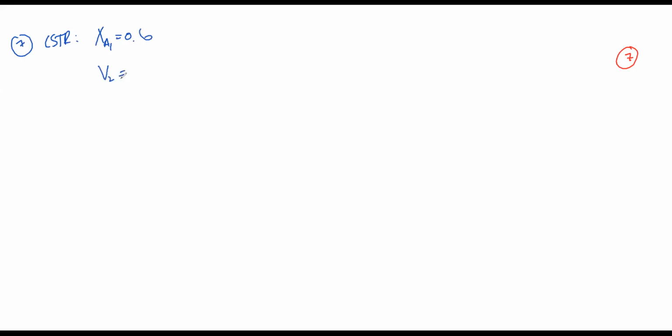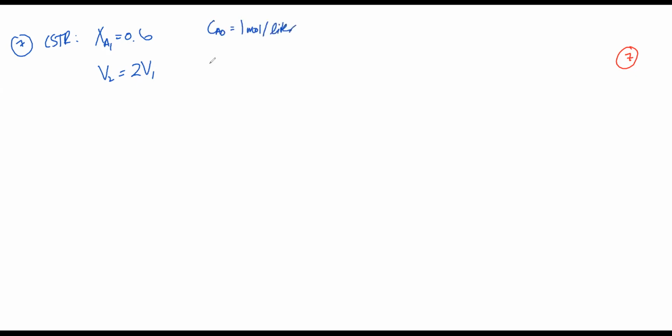V2 is 2 V1, so V2 is twice the volume of V1. CA naught is 1 mole per liter, right? So CA naught is equal to 1 mole per liter.